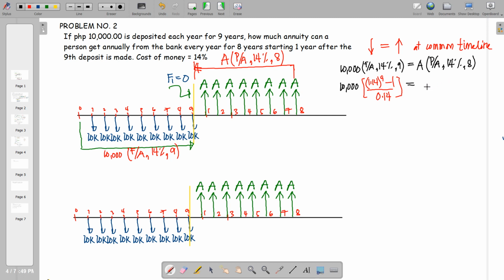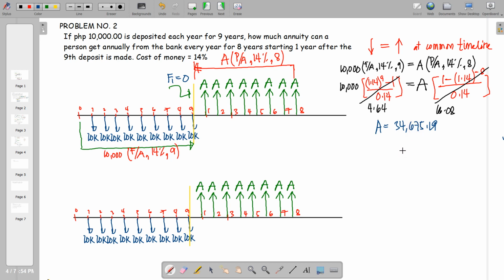Then for the right hand side, we'll just copy this unknown A and use the formula P given A 14% at 8. So this is a backward arrow. So when we say backward arrow, we have a formula of parang magbabaliktad: 1 minus 1.14 raised to negative 8, negative yung exponent mo dito, and divided by 0.14. So we have this value as 4.64 and that as 16.08.